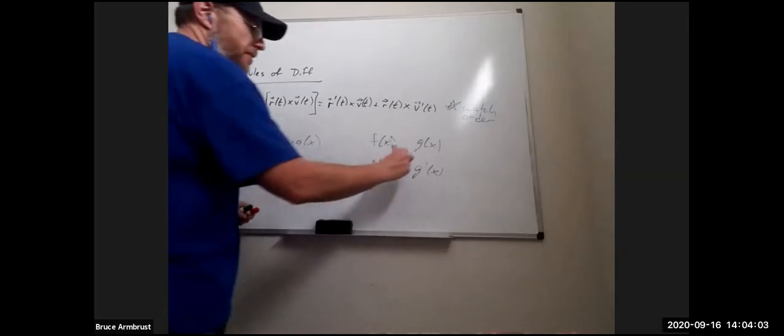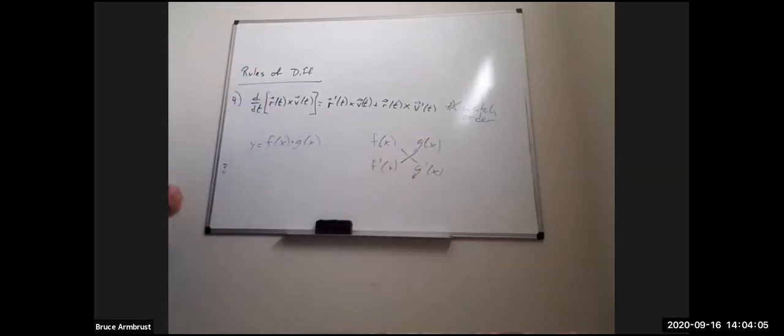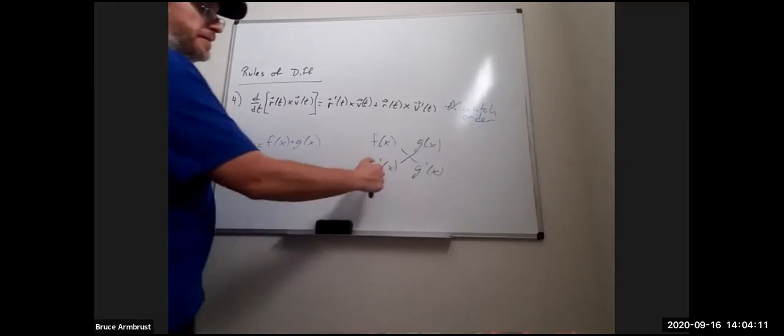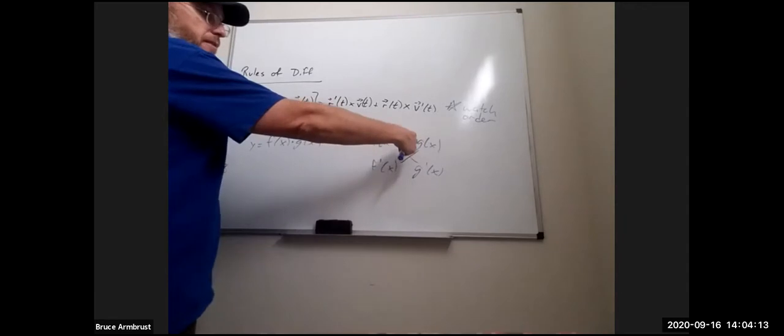And then I draw that little cross multiply thing. Notice that when I do it that way, I always start with f prime times g.